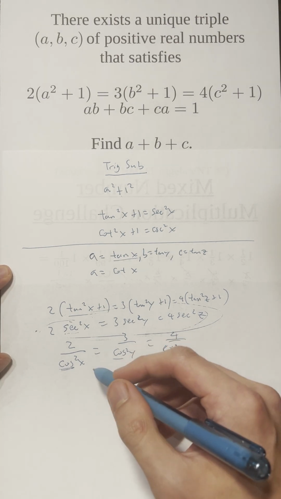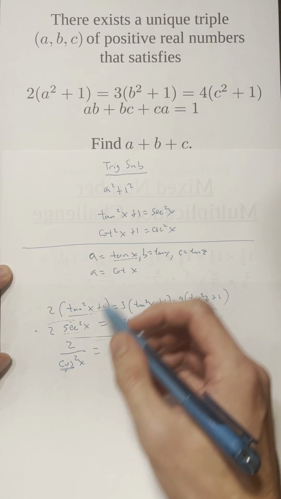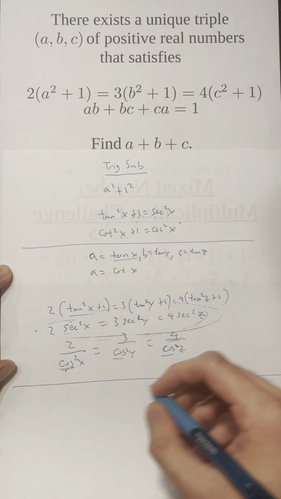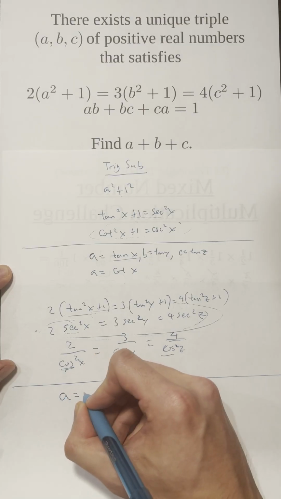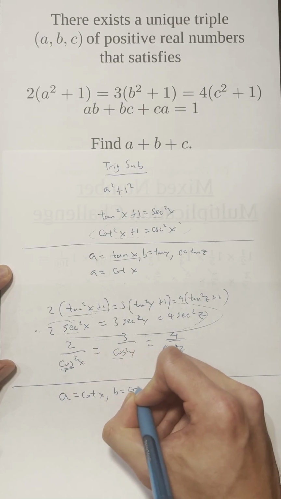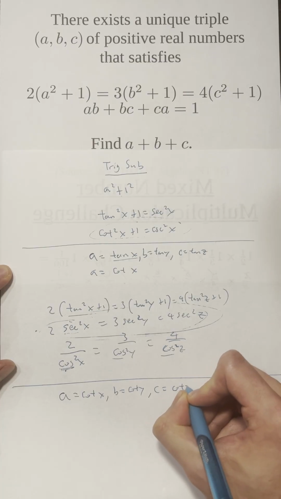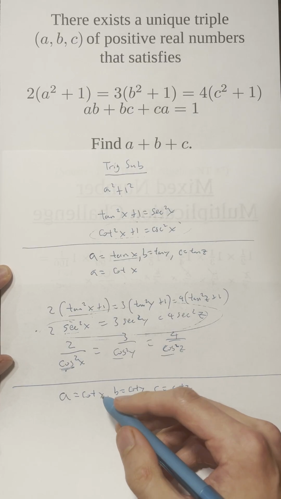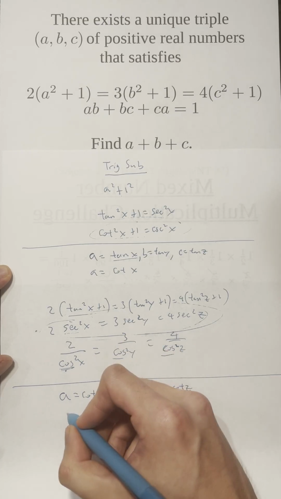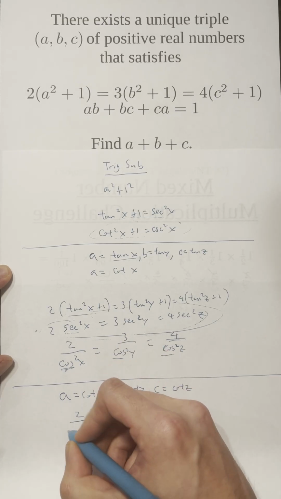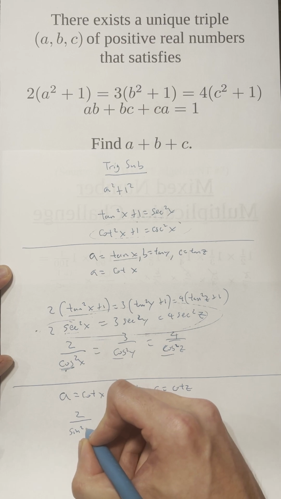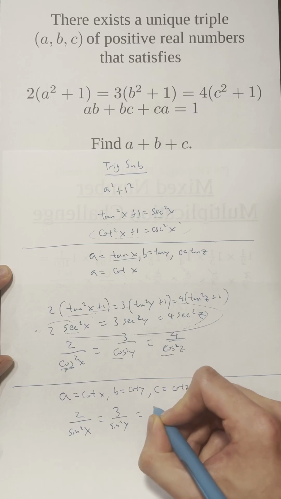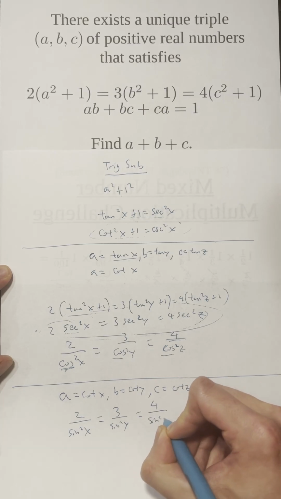So, if we wanted to change this to sine, we could use the other identity. So let's go ahead and do that. A is equal to cotangent x, B is equal to cotangent y, and C is equal to cotangent z. If I make that substitution again, we would end up with 2 over sine squared x is equal to 3 over sine squared y is equal to 4 over sine squared z.